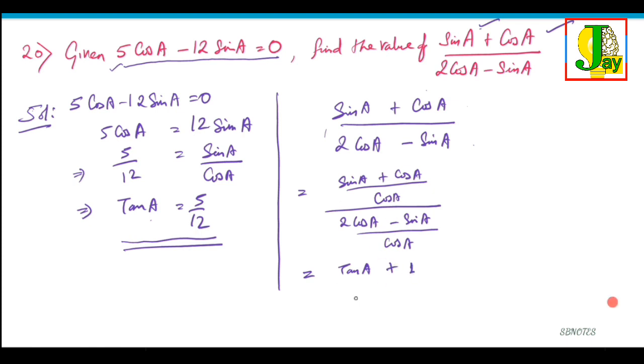And in the denominator you have 2 cos A by cos A, that's 2, minus sin A by cos A, tan A. So this is one easier trick.